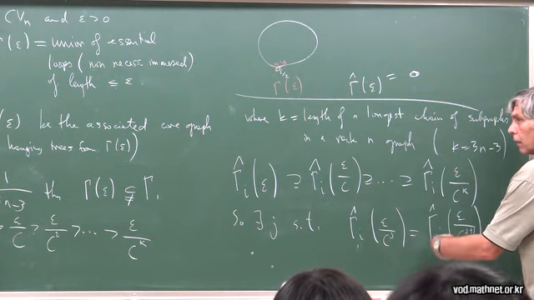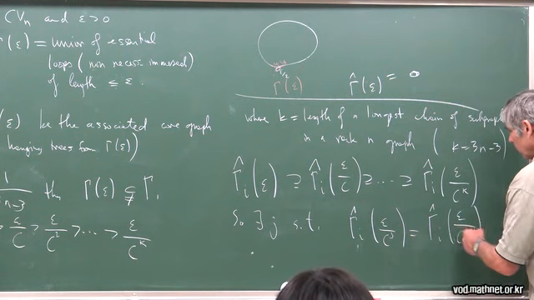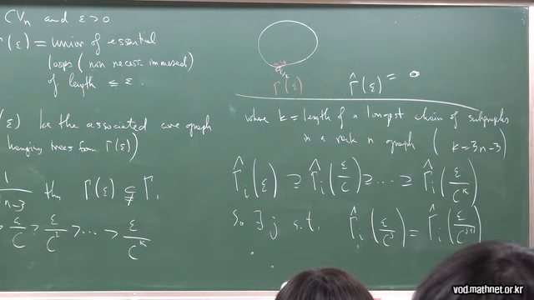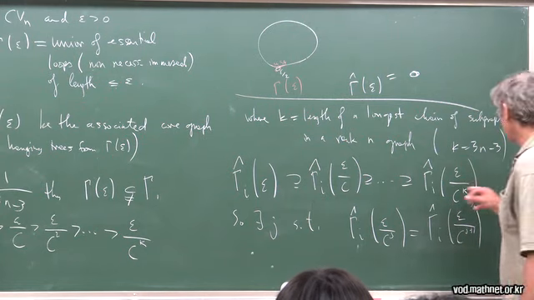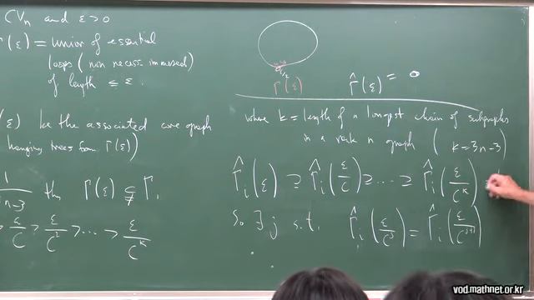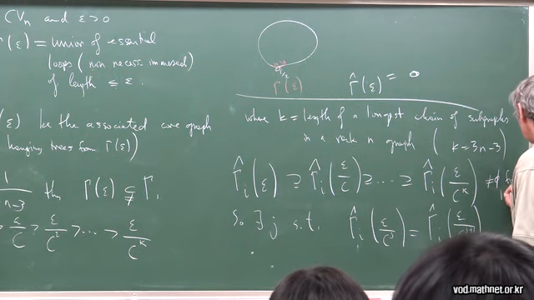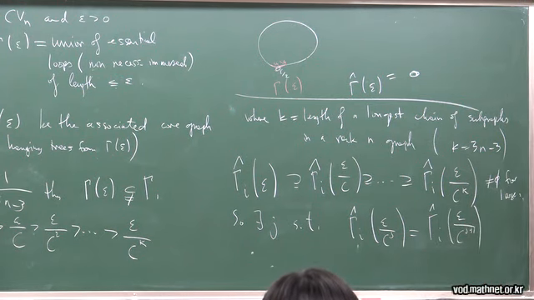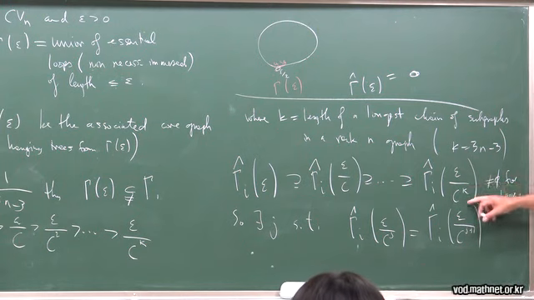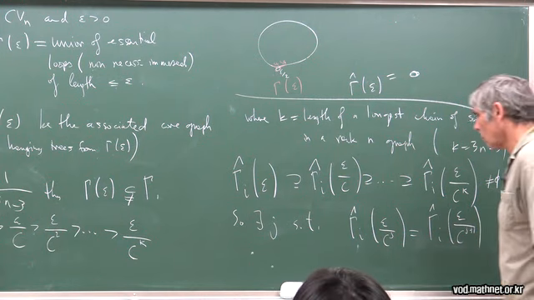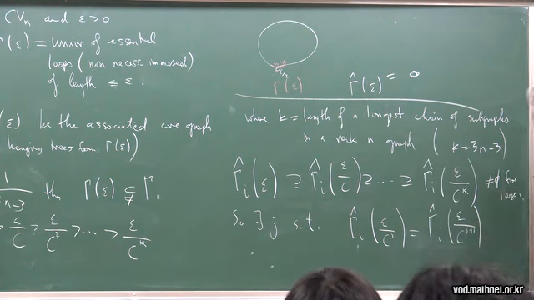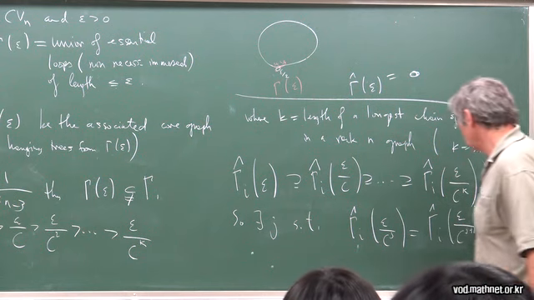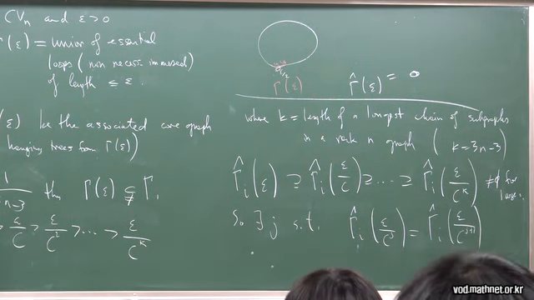There's nothing happening here, and they're off by a factor of c. And that's what we want. And the point is, this last one is also non-empty for large I. This is where we're using that the systole goes to 0. For large I, there will be loops of this size.